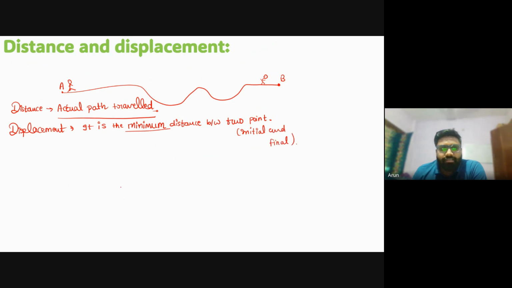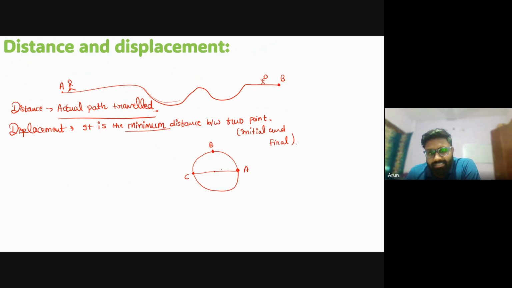Okay, so in the same example, if I talk about the distance, distance is A to B, but you need to count these steps also. But let me take a very simple example. Suppose this is a circular track and you are moving on this track. You have started from A and you have reached this point B, and then you have reached this diagonally opposite point C. Now, what is the distance and what is the displacement?